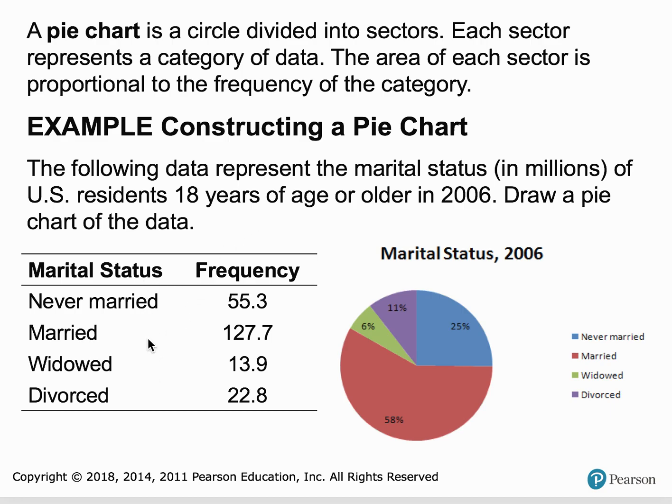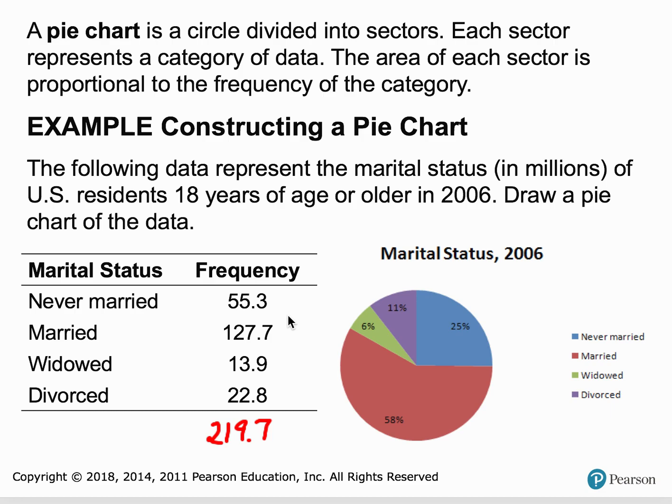So here's our frequency distribution table. Once again, I need my relative frequency. So I'm going to add these up again. 55.3 plus 127.7 plus 13.9 plus 22.8, 219.7, and I'm going to find my relative frequency.